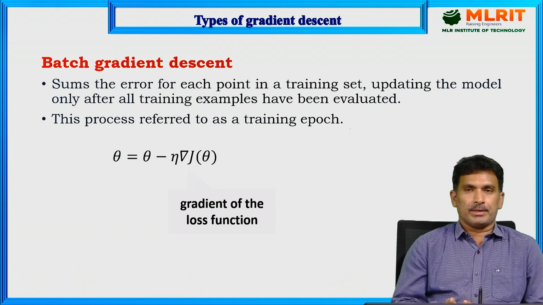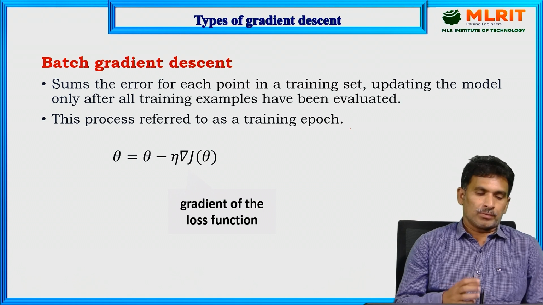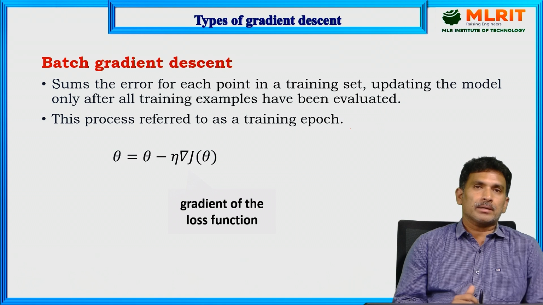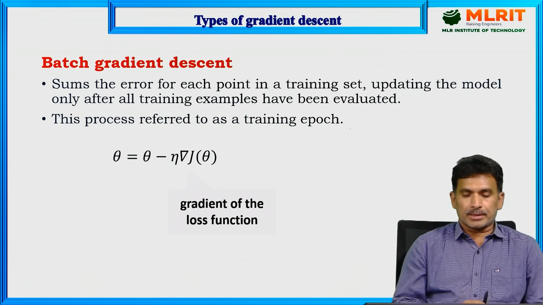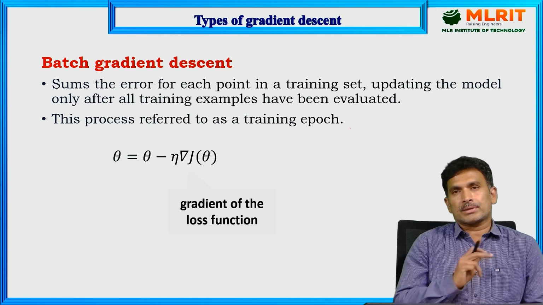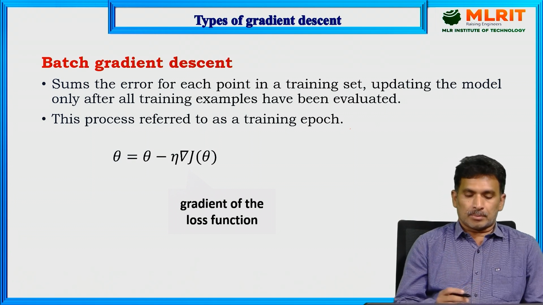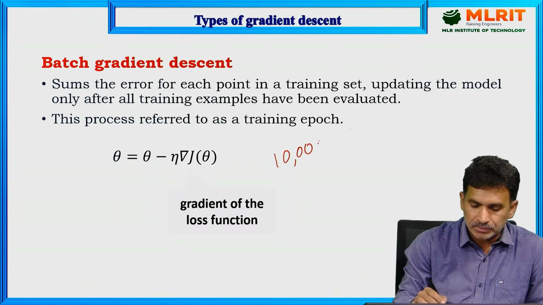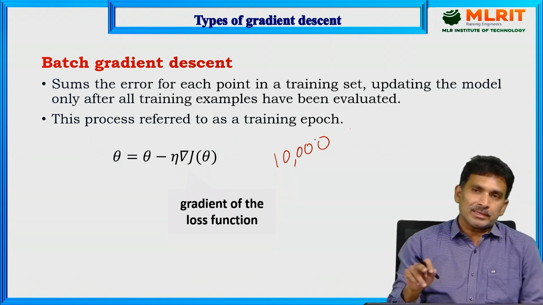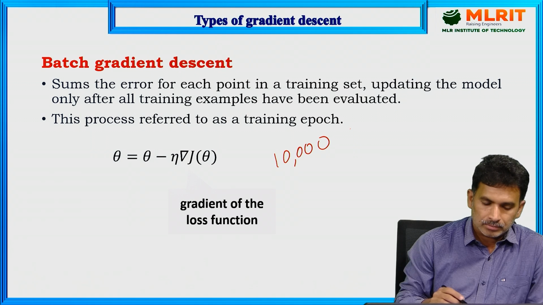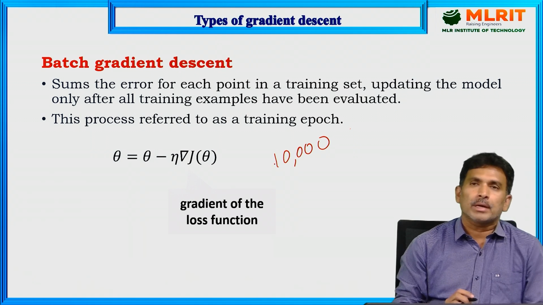So the first one is batch gradient descent. It sums the error for each point in a training set. That means the point is nothing but a sample. Suppose a data set has some 10,000 samples, 10,000 rows. For each row, it calculates the error.